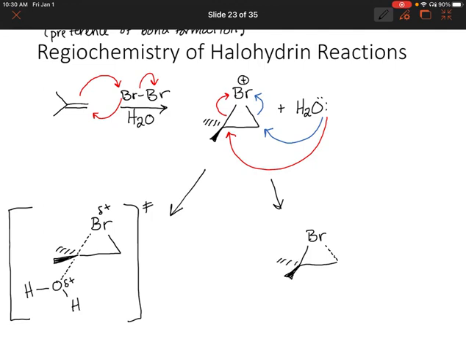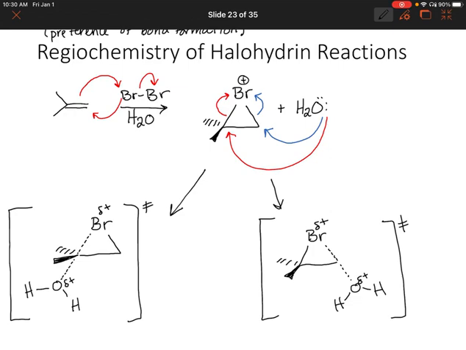Draw in our methyl groups here, and then the water molecule coming in. All right, so again, in this transition state, the oxygen is partially positively charged and the bromine is partially positively charged.